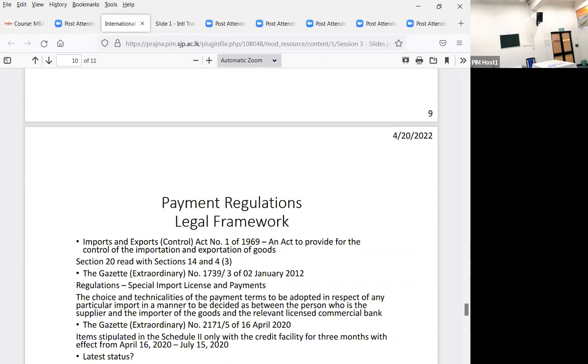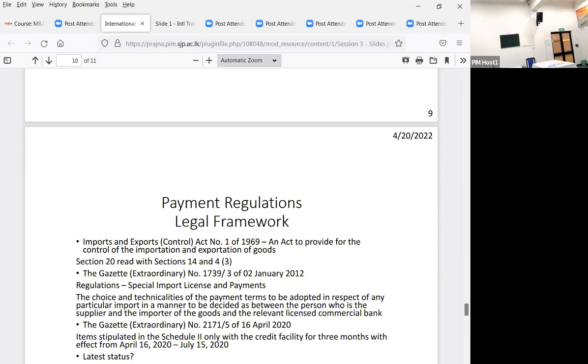Now this is the Gazette notification in 2012. If you really want a copy of this, I have a copy I can share, but make sure that you take the photo and give it back to me. This is the Gazette notification issued by the Import and Export Controller, somewhere around January 2nd, 2012, right?